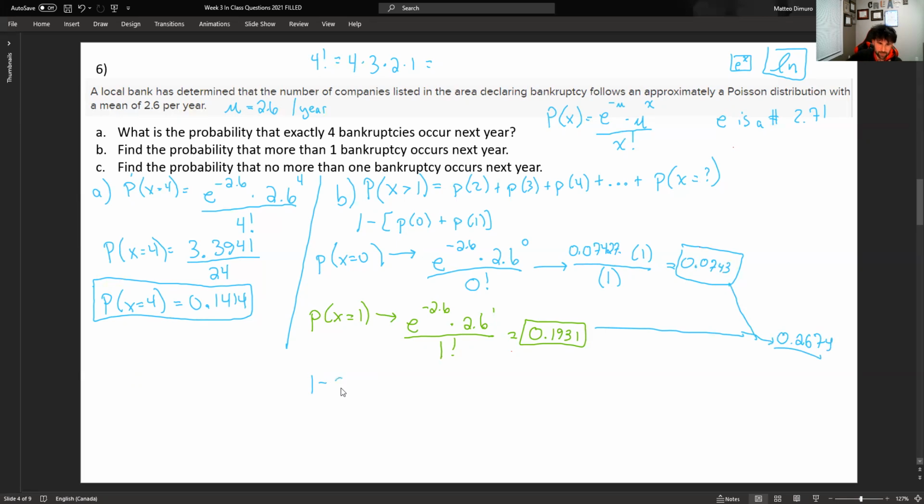So we're going to go 1 minus 0.2674. And that equals the probability that x is greater than 1 because of the complement rule. Okay, so when you finally type that in, you're going to get 0.7326. And again, that's equal to the probability that x is greater than 1.